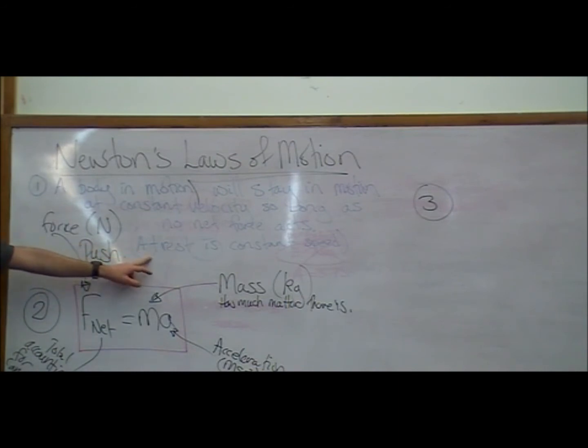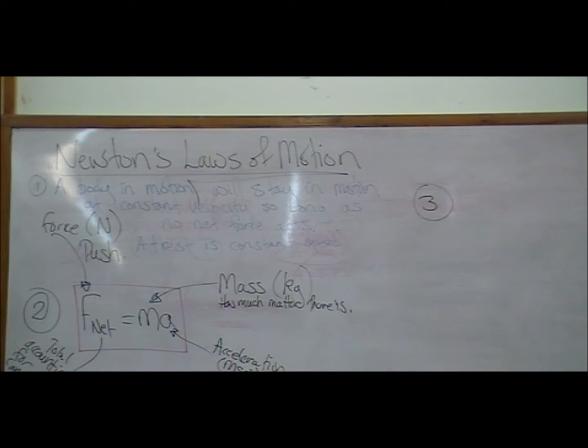So if you want to make something move, you have to push it, right? Cool, makes sense. So an object in motion stays in motion. If it's travelling at a constant speed, does that mean the net force has to be bigger to change the motion? If it's travelling, there doesn't have to be a force. Once it's moving, something will keep moving forever.